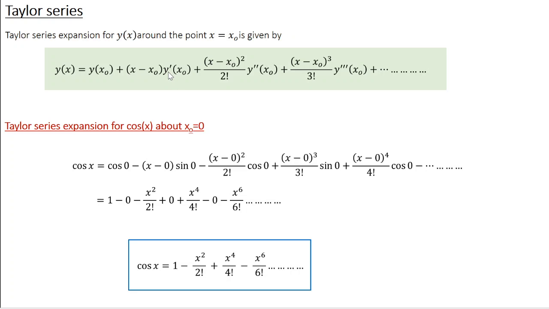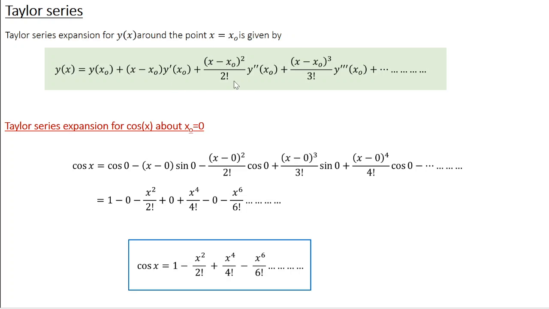This is dy by dx at x equal to x naught, plus x minus x naught squared divided by 2 factorial y double prime x naught, where y double prime is the second derivative, d square y by dx square at x equal to x naught, plus x minus x naught whole cube divided by 3 factorial y triple prime x naught, plus all the way to infinity.